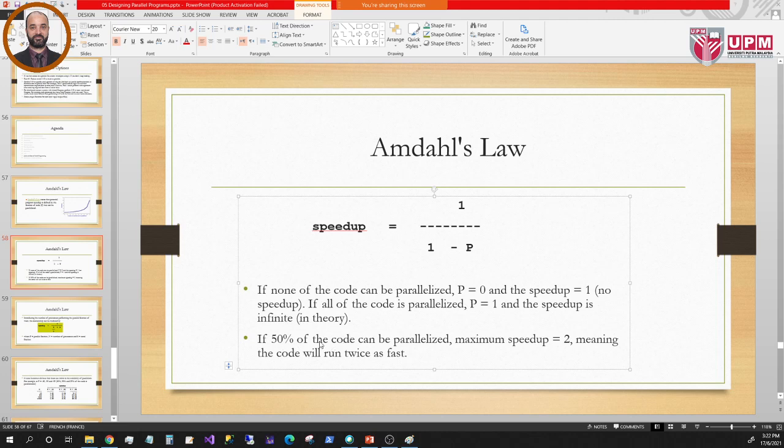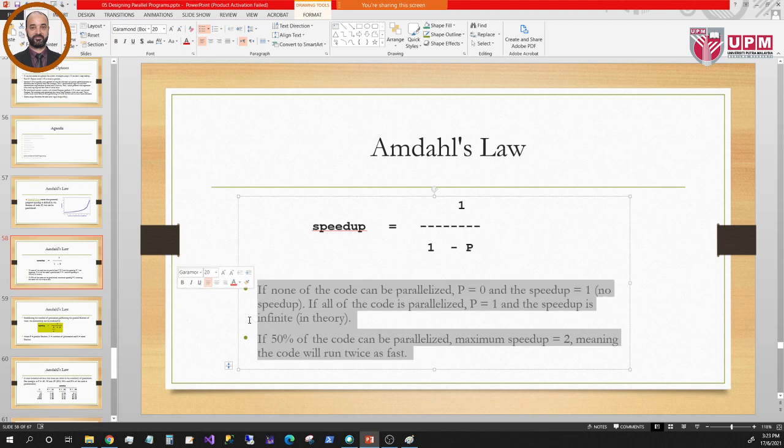If 50% of the code can be parallelized, the maximum speedup is equal to 2, meaning the code will run twice as fast. Actually, guys, we already explained this. I don't want to waste time repeating the same thing that you already know.